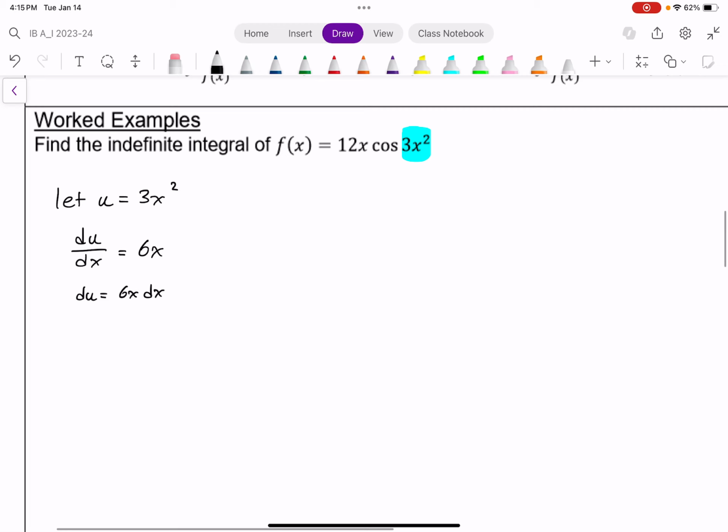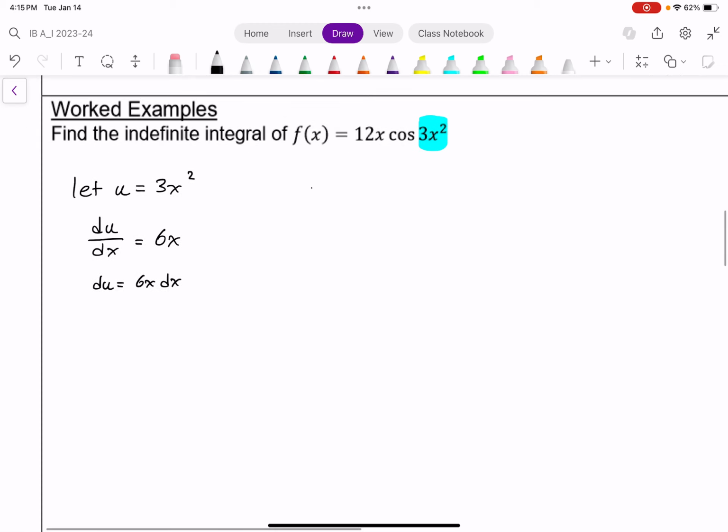All right. So what do we do here? Well, let's go back. I want to take my original question. I want to write it as an indefinite integral. So 12x times the cosine of 3x squared dx. Well, already I said 3x squared, I can substitute for u. So I'm going to take that right now and save myself a bit of time and just put a u here.